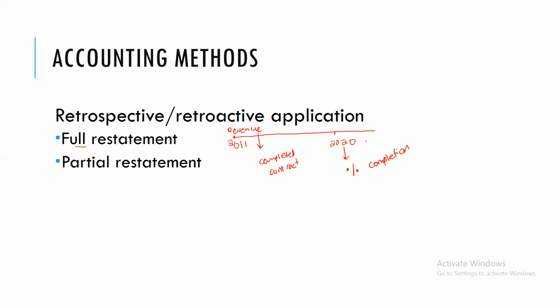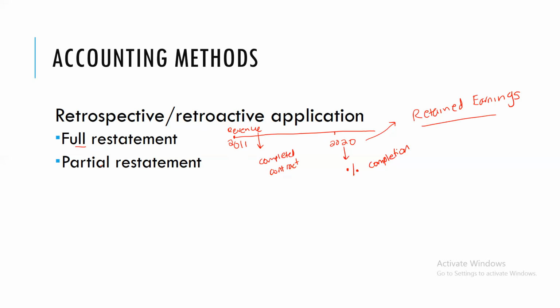But what you can change in 2020 is your retained earnings. Your retained earnings is going to be the number that has all the net income from 2011 to 2019 in there. So your retained earnings amount is what you're going to change in 2020.